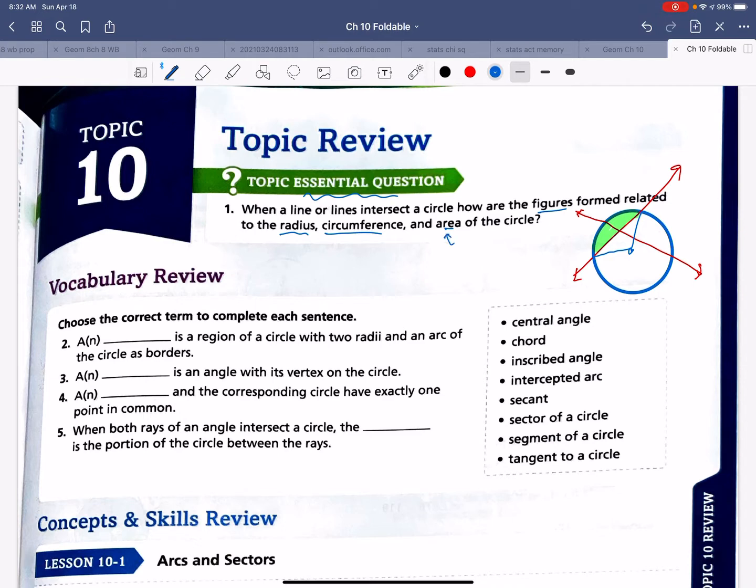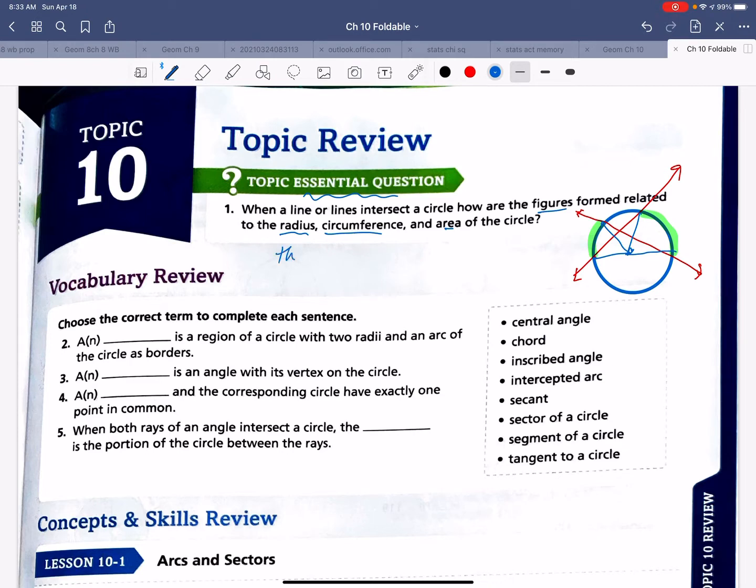So to find the area of that green object called a sector, it interacts with the whole area of the circle. It's a portion of the circle. We notice too that if we wanted to calculate, let's say, an arc length of this or an arc length of that, that's interacting with our radiuses as well. We had to use a radius to prove how this angle and this angle would be formed, right?